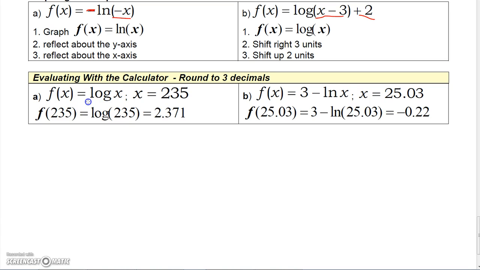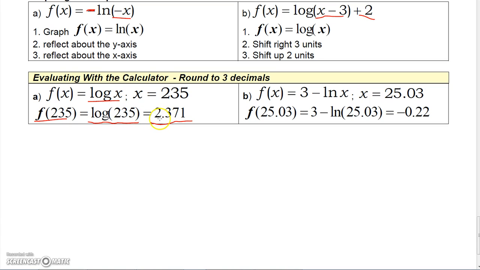So if you had the common log of x and you needed to evaluate that function at 235, you just grab your calculator and punch in log of 235 and you get 2.371. What that means is it tells you what power you raise 10 to get 235.